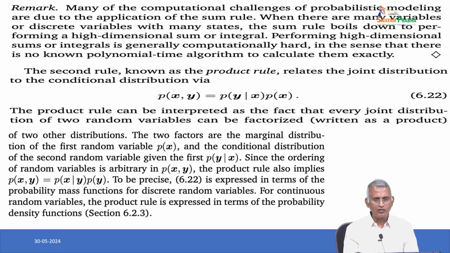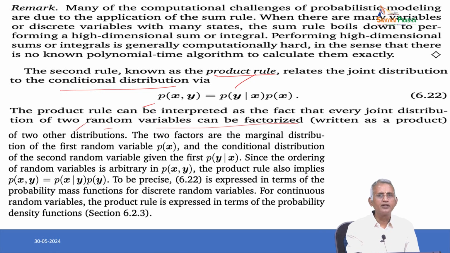Now, the second rule is known as the product rule, and it relates the joint distribution to the conditional distribution, which is most important. The product rule is associated with the conditional distribution. Therefore, p of x comma y equals p of y given x times p of x. The product rule can be interpreted as the fact that every joint distribution of two random variables can be factorized and written as a product of two other distributions.